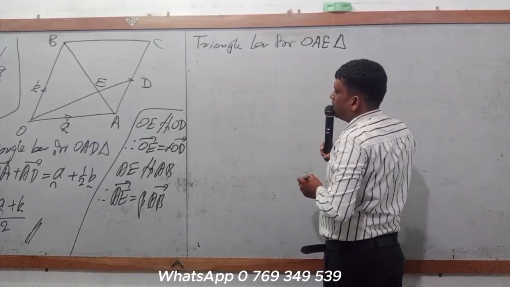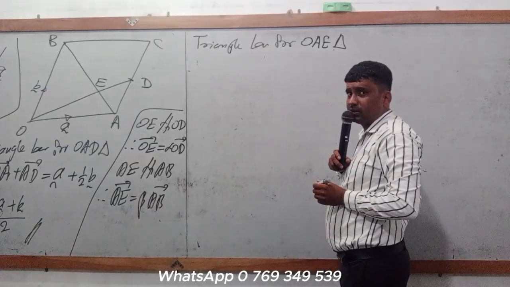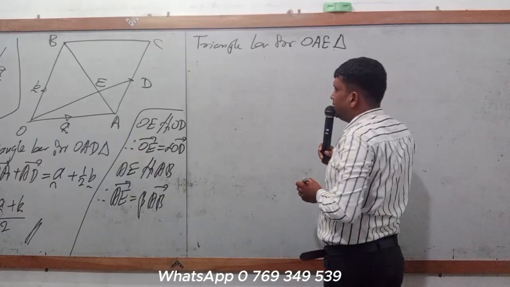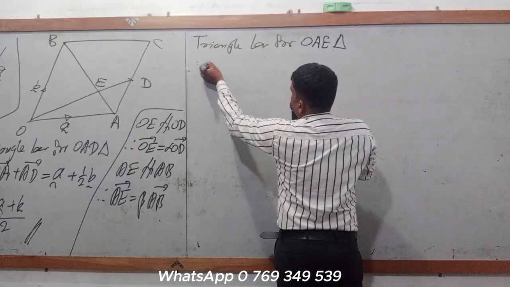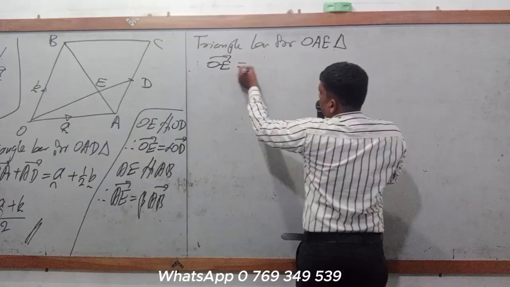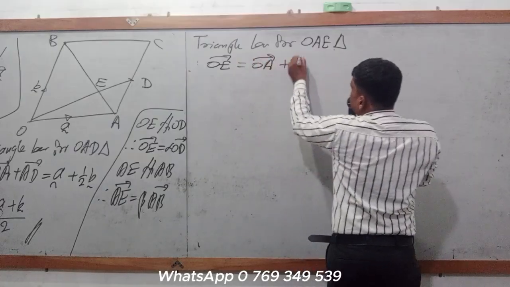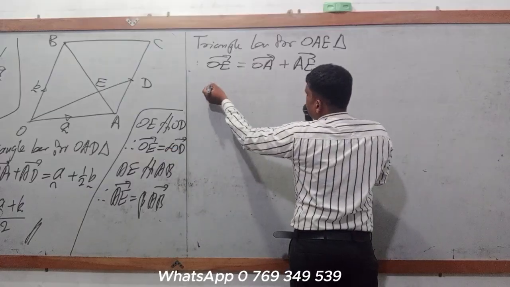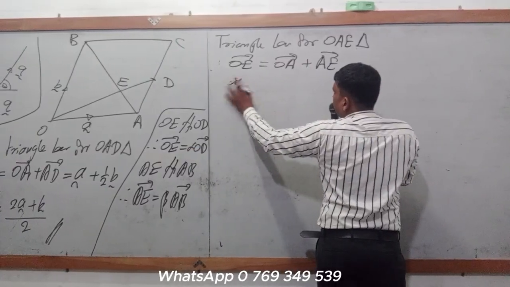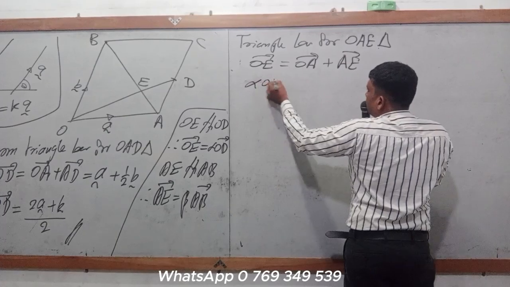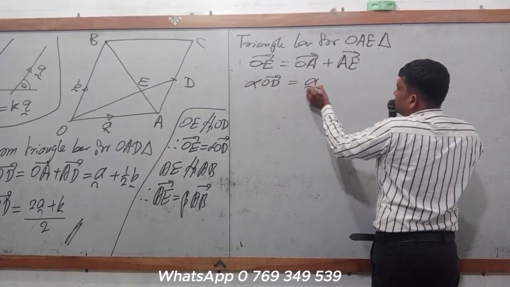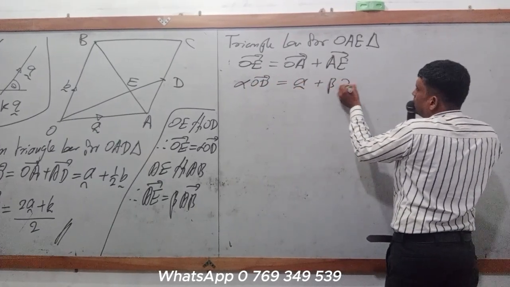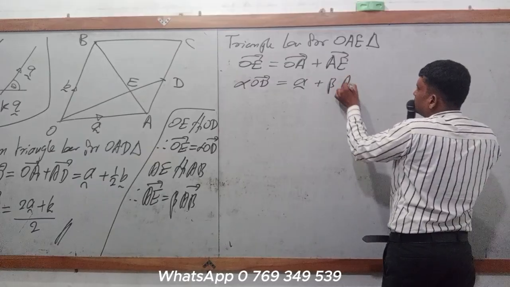By the triangle law for triangle OAE, OE equals OA plus AE. Now OE is alpha OD, so alpha OD equals A plus beta AB.